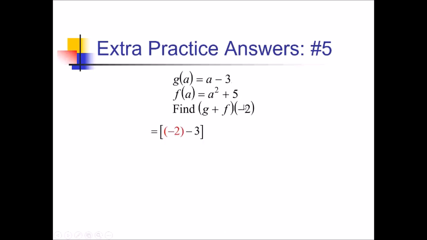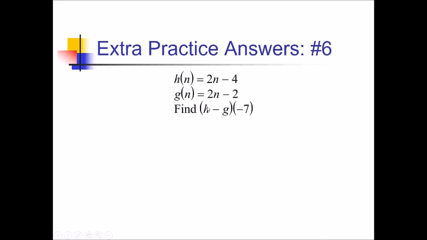F of negative 2 is going to be negative 2 squared plus 5, so we're going to add all that, and I'll put it in the brackets here so I don't lose anything. Simplifying a little bit, in this first bracket, negative 2 minus 3 is going to be negative 5, and over in this other bracket, negative 2 squared is 4, plus 5 gives us 9, so we have negative 5 plus 9, which all adds up to positive 4.